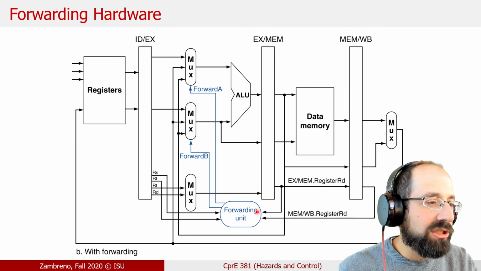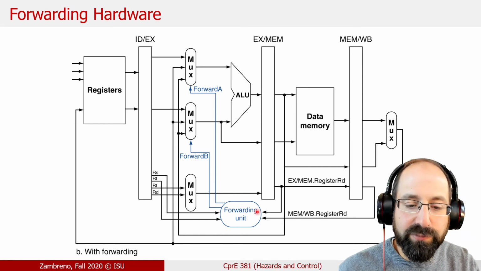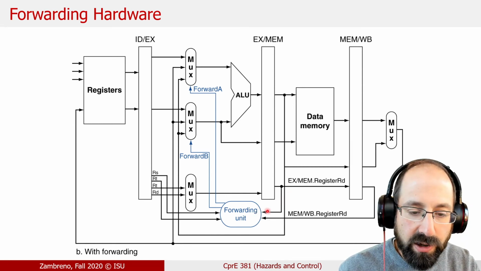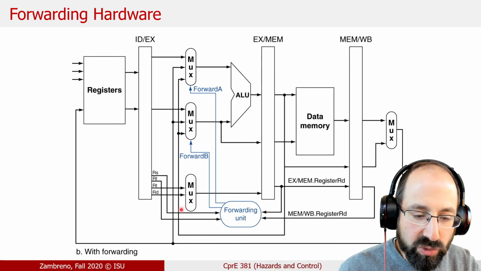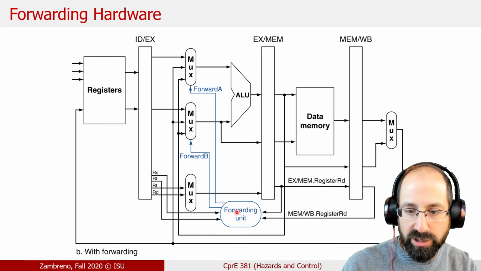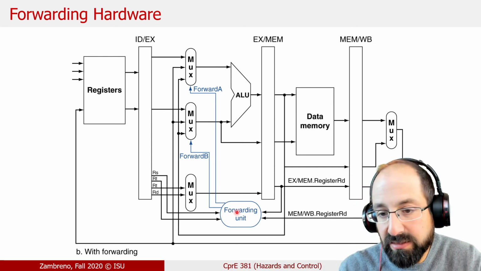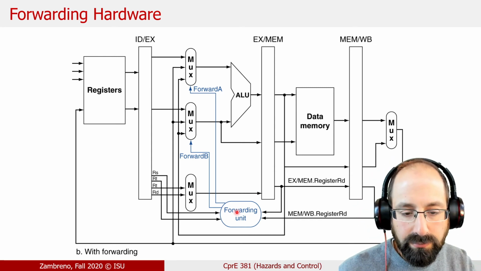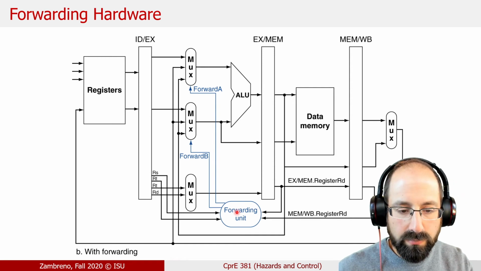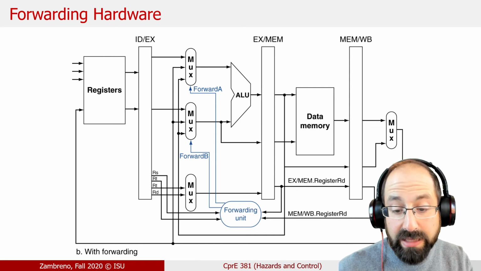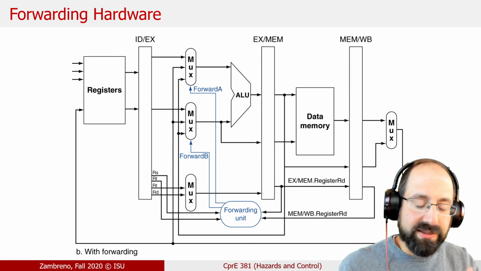Those register encodings of both destination registers of previous instructions and source registers for subsequent instructions. And the end result is just control signals for muxes. Select lines for muxes.